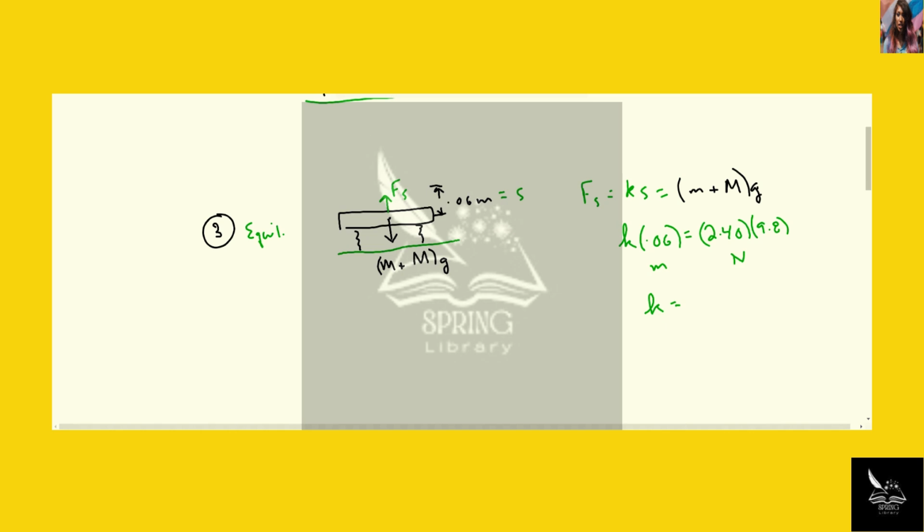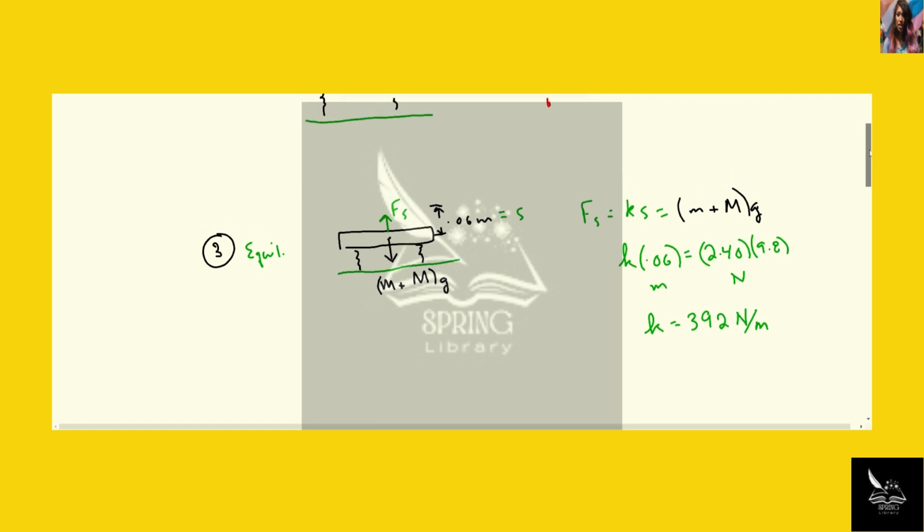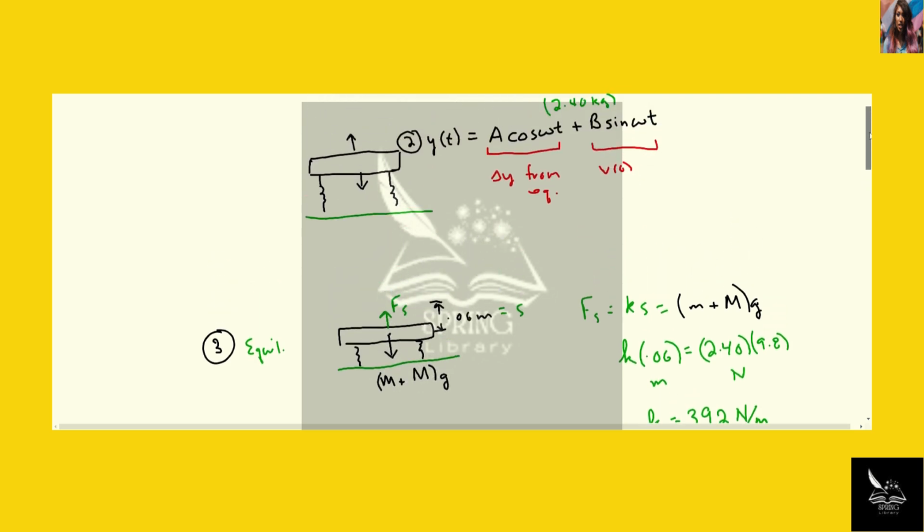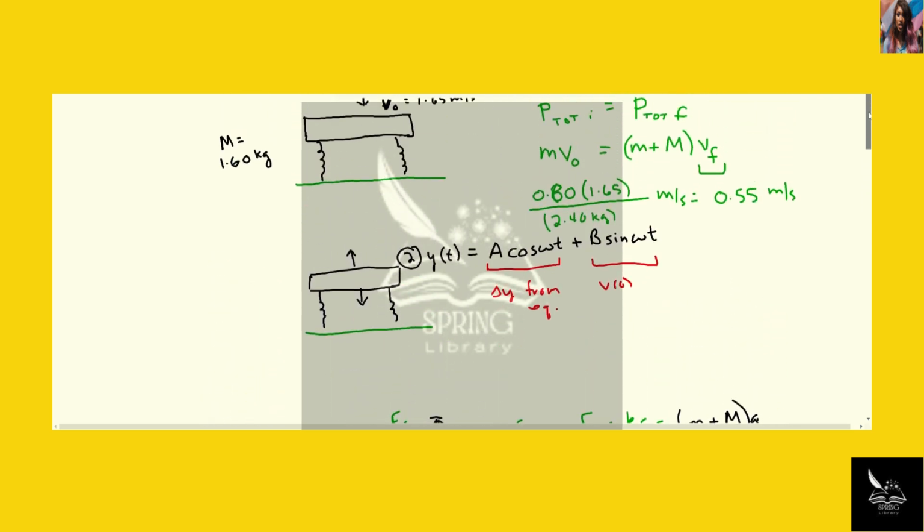And you'll see in a little bit why it's good to find K at this point. We'll go back to equation number 2, which is probably the hardest thing to kind of think through. So we get a spring constant from all 4 springs that are acting in parallel. So 4 times stiffer than a single spring, but 392 newtons per meter.